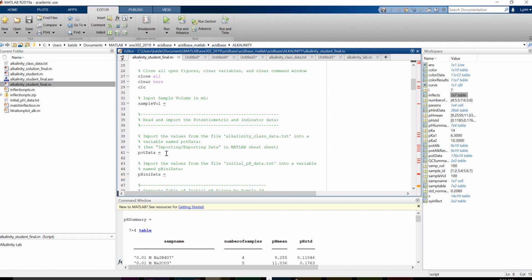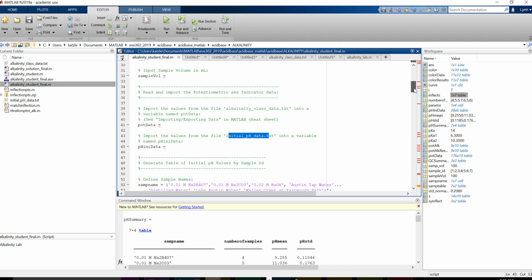So you need to put in the data that you're inputting in here, and so you need a read statement, and then also the initial data file as well as all of the data. Okay, so 2 different data files that you're reading from, which are indicated as the alkalinity class data text and the initial pH data text files.